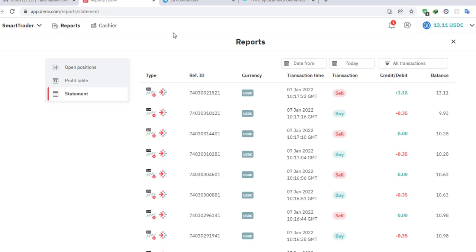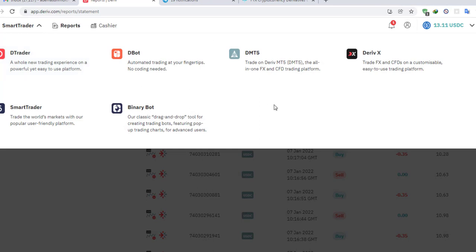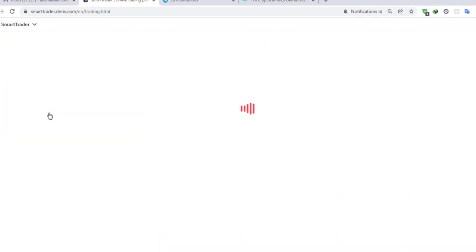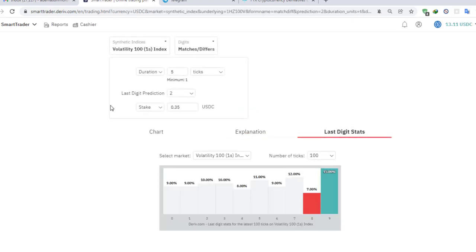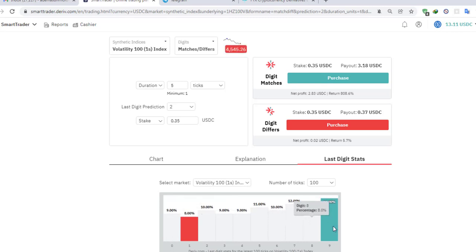So simple as that. You can vary the last digits. Normally I trade 0 and 5. 0 and 5 come out a lot. And you can use these statistics to select your last digit.